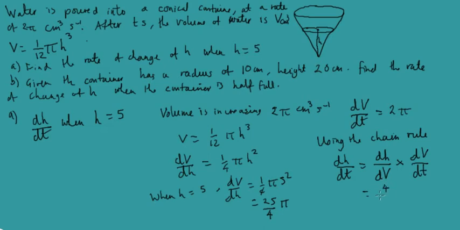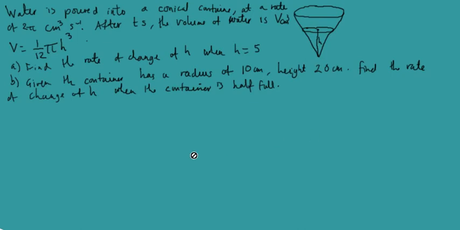So it'll be 4 over 25 pi, and we know dV by dt is 2 pi. If we calculate that out, we'll get 0.32 centimeters per second for the change of the height. Now, let's do the second part of this.